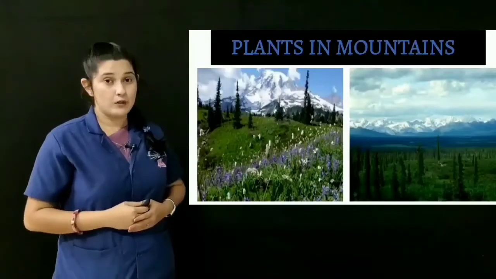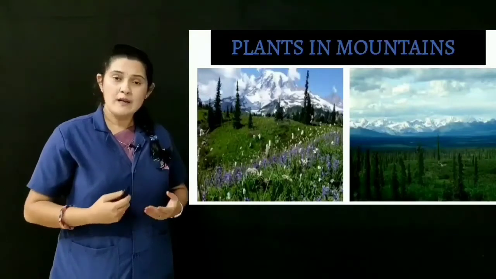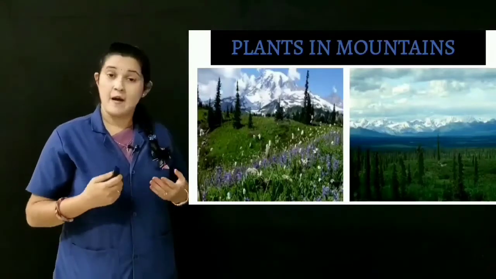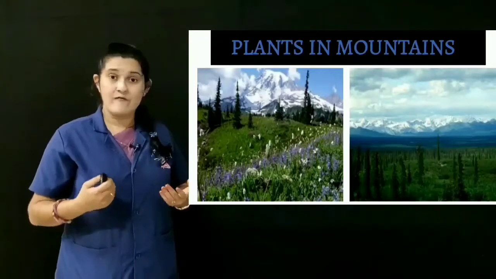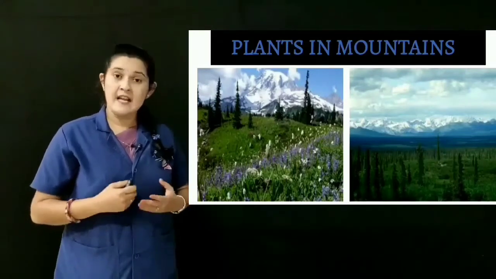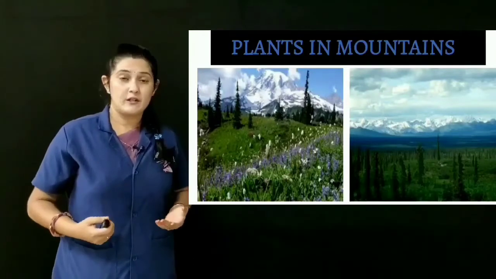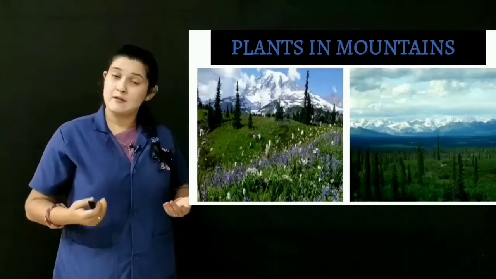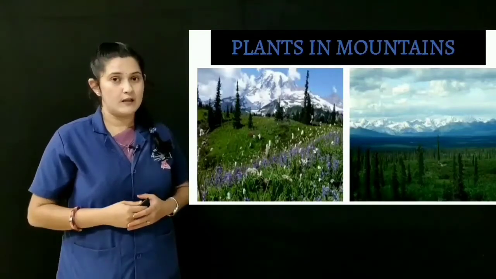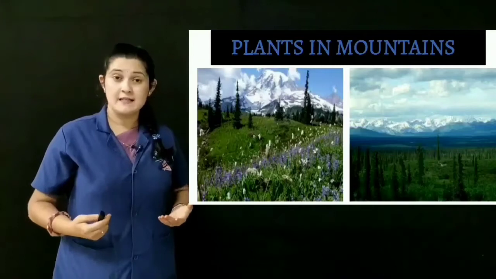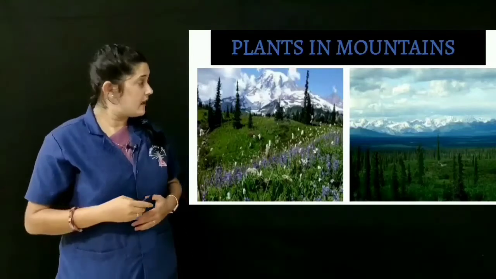Plants and mountains. How is the weather in mountainous region? It is very cold. In winter, the temperature in mountains is very cold and there is snowfall. How are the plants in this region?